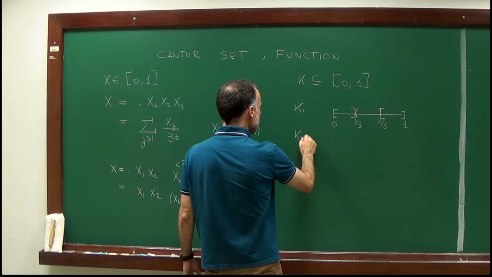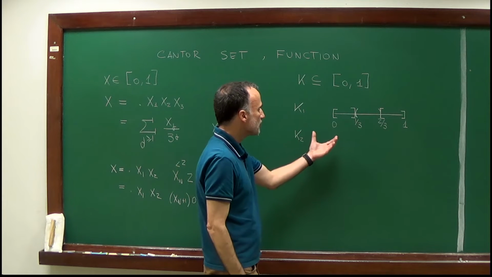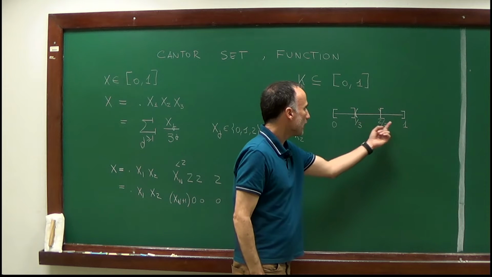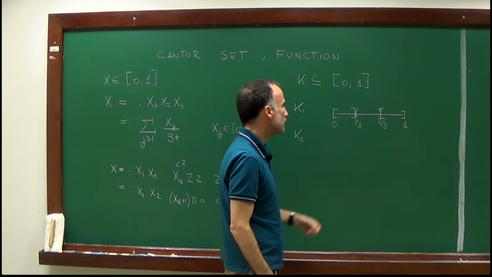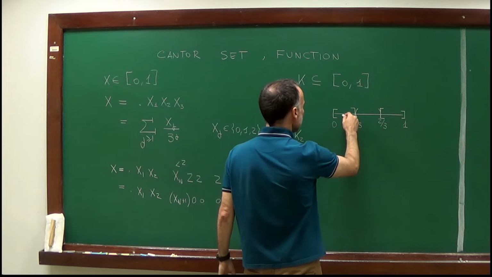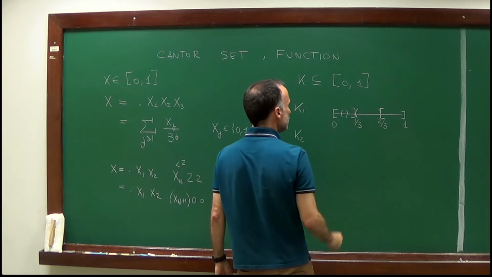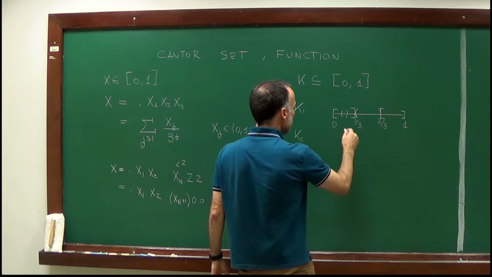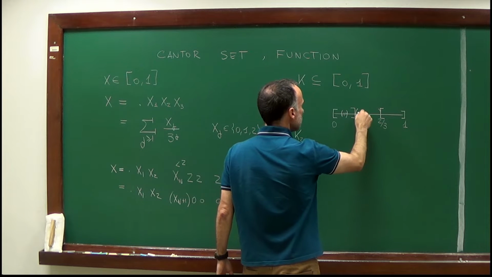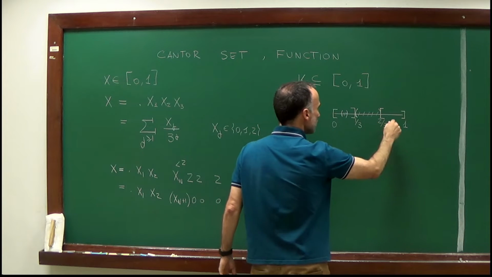In the next step, I will just repeat the same procedure, but now applying this algorithm to each of these two intervals. So I'll divide each one in 3 intervals of the same length, and I will remove the middle interval, as I did in the first step.